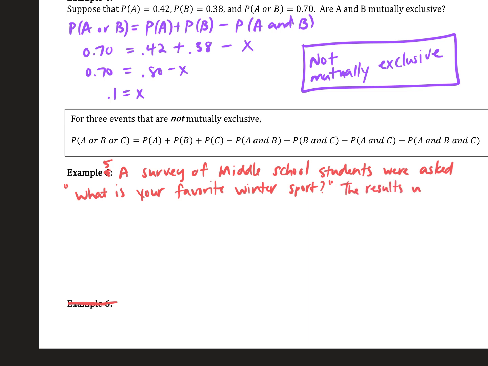The results were, so we have snowboarding, I didn't spell snowboarding right, sorry. We have skiing, and we have ice skating. And they are in 6th grade, 7th grade, and 8th grade.